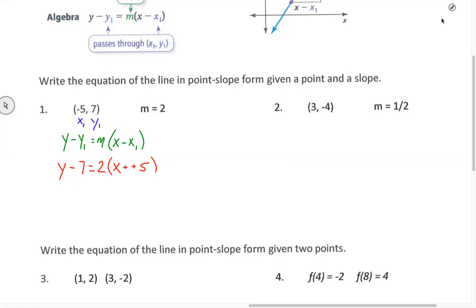Why don't you guys try number 2? So remember, start out by labeling. Label your point. Write the equation. And then substitute.